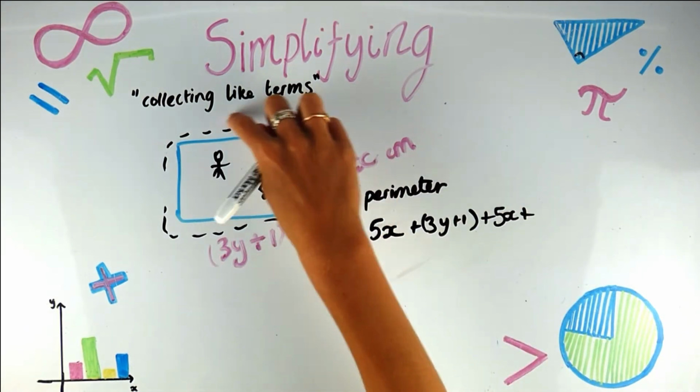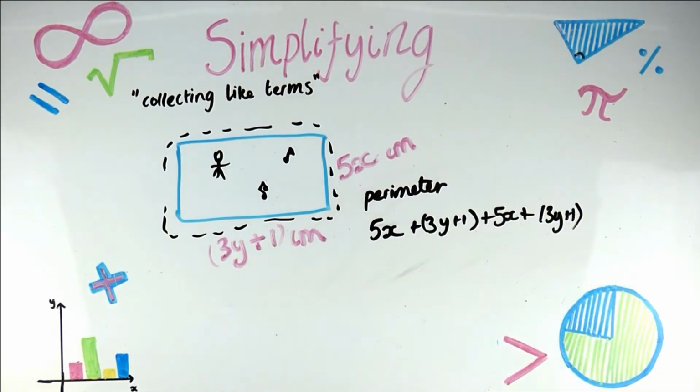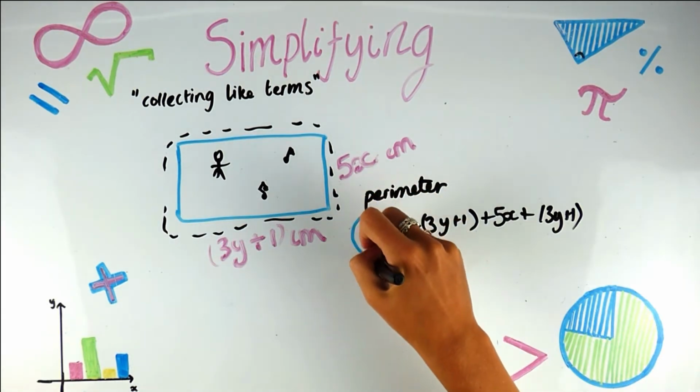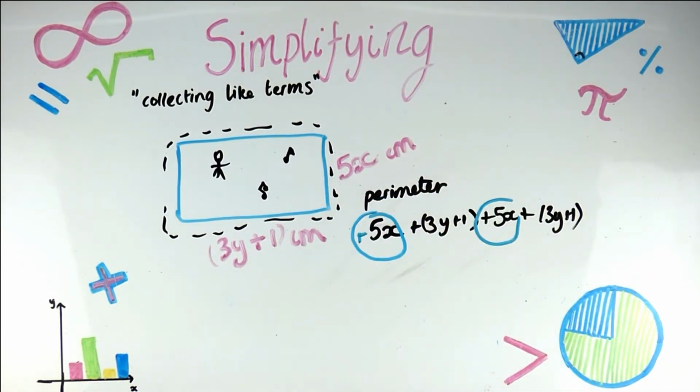And I've got this side, which is the same as this side. Okay, that's not the final answer because we've got like terms in there, so we're going to want to simplify it.